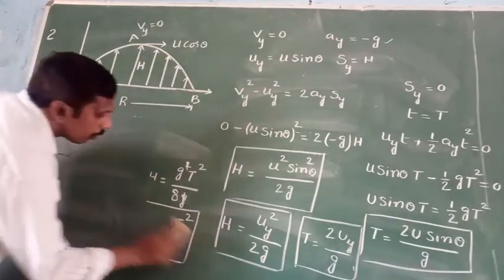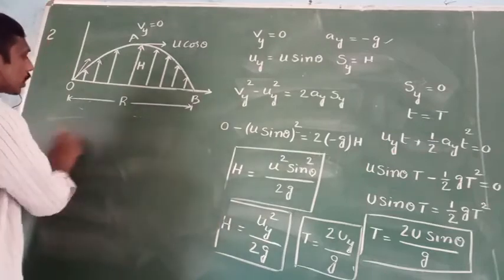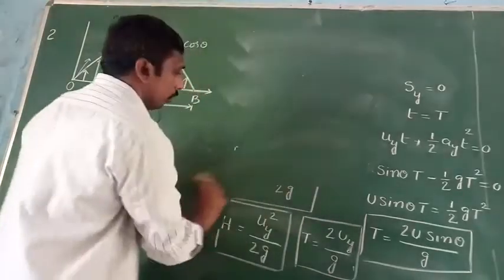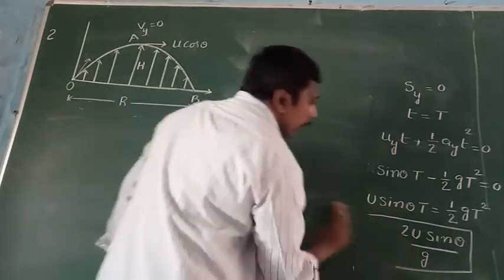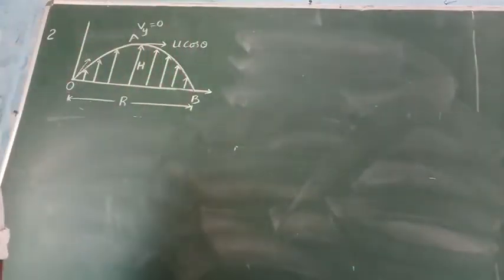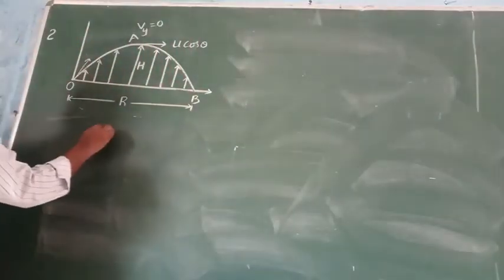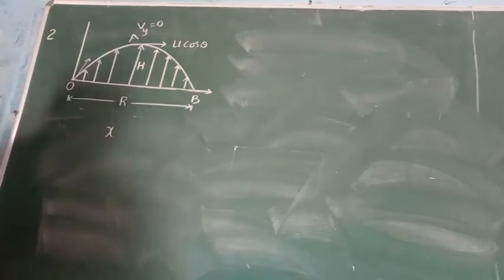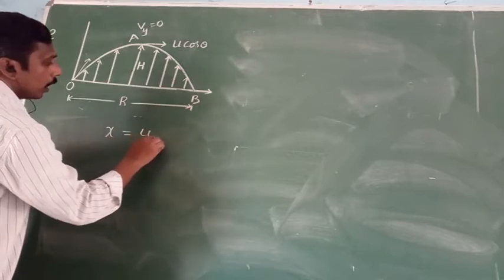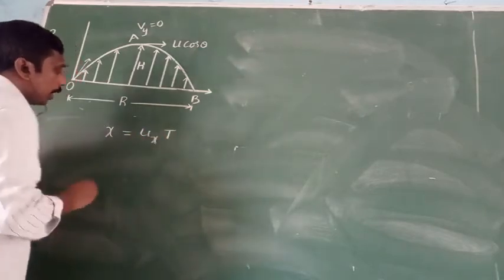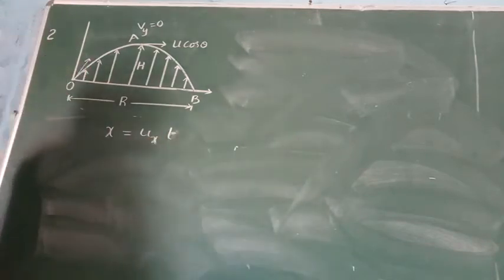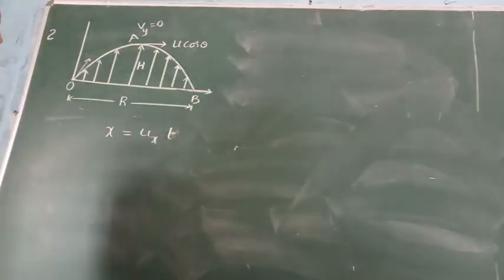What is meant by range? The horizontal distance covered by a body in the time of flight is called range. So horizontal distance x is equal to ux into time t, because acceleration along the horizontal direction is equal to 0.